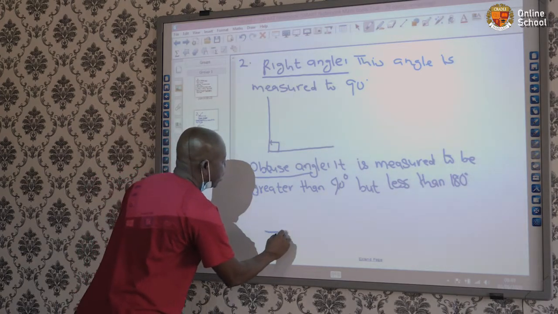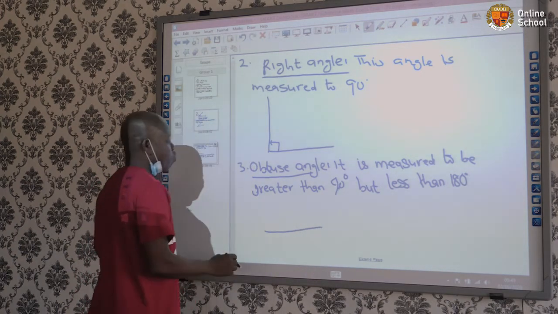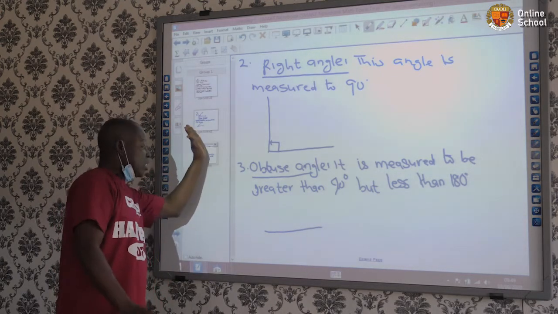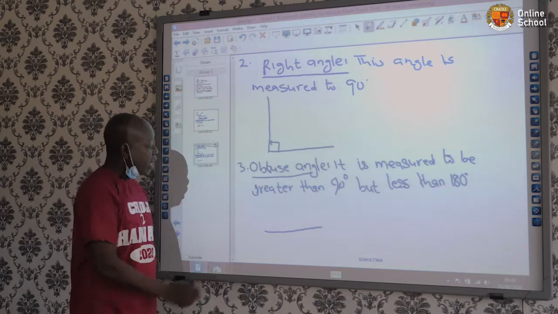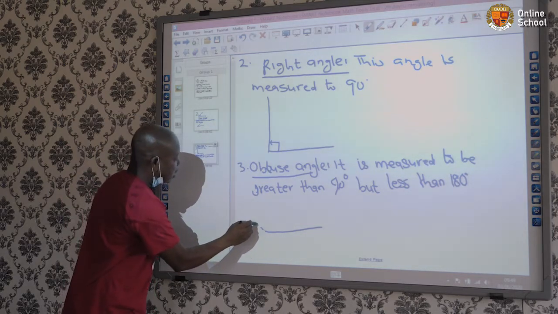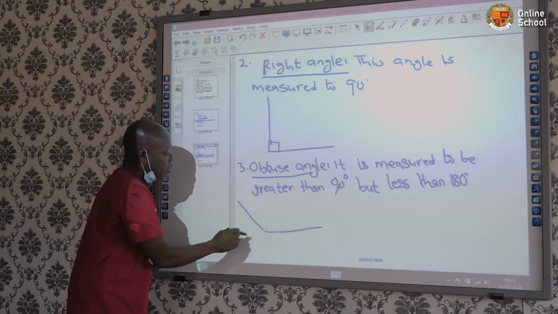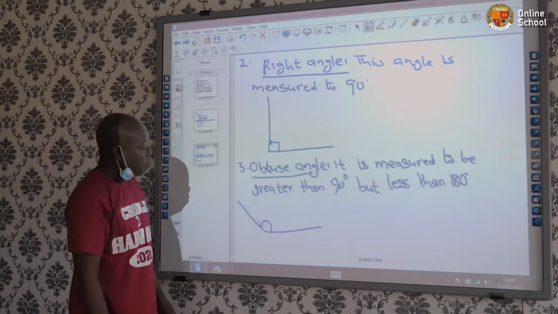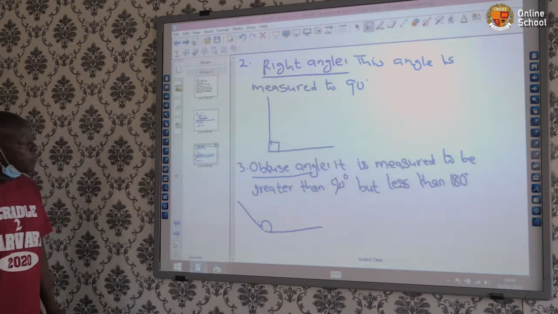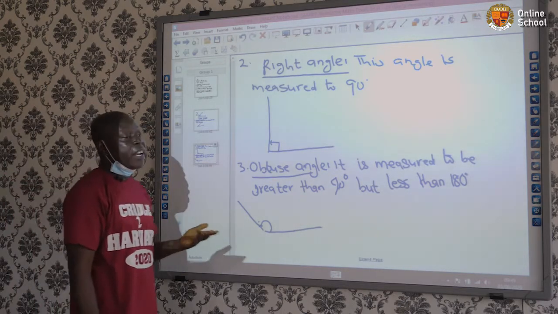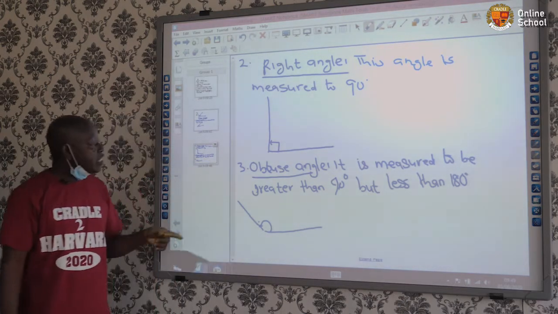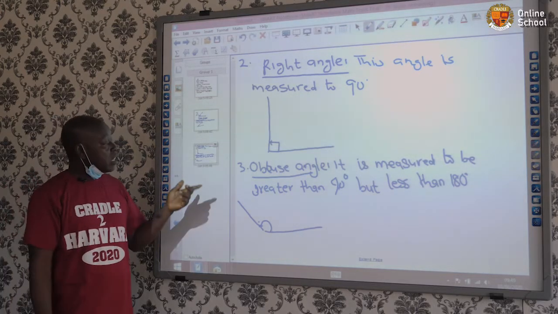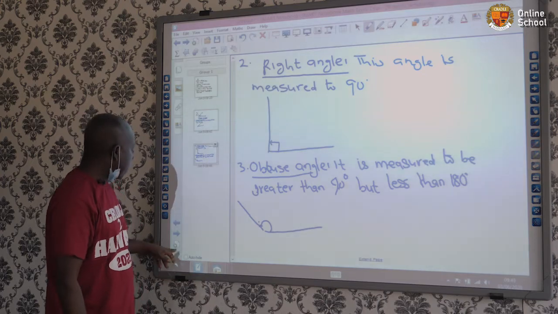You have your straight line stay in place. Then you move this arm a little bit more than 90 degrees. This gives you an obtuse angle. So any number greater than 90 but not up to 180 is referred to as an obtuse angle.